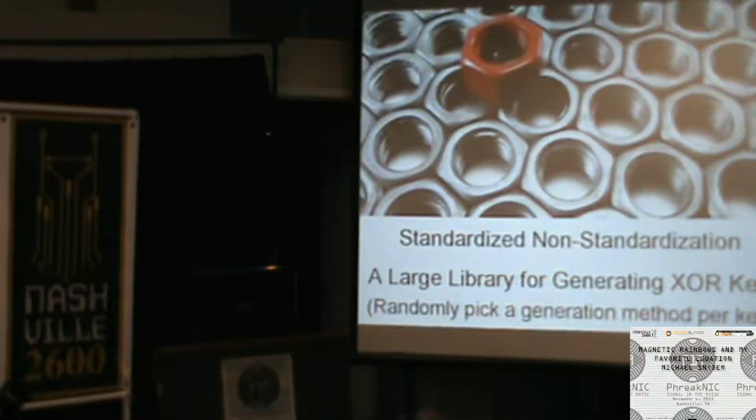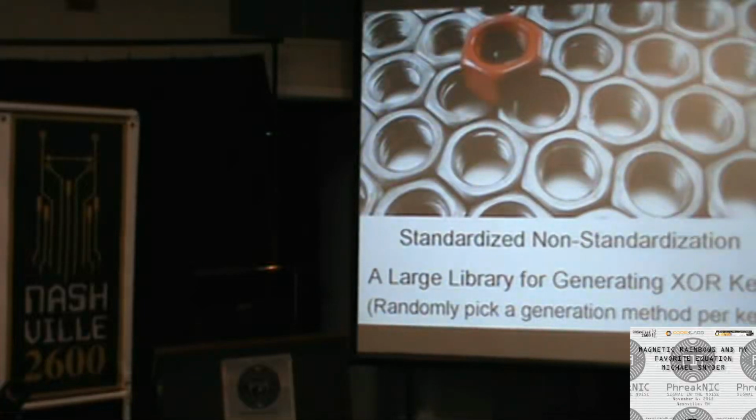Okay, so one of the extras we can do is standardized non-standardization. And what that means is basically we don't want to do everything the same. We don't want to do it the same way other people are doing it. If they're using a 56-bit key, we want to use a 64-bit key. Or if they're using message digest, MD5, we want to use SHA.